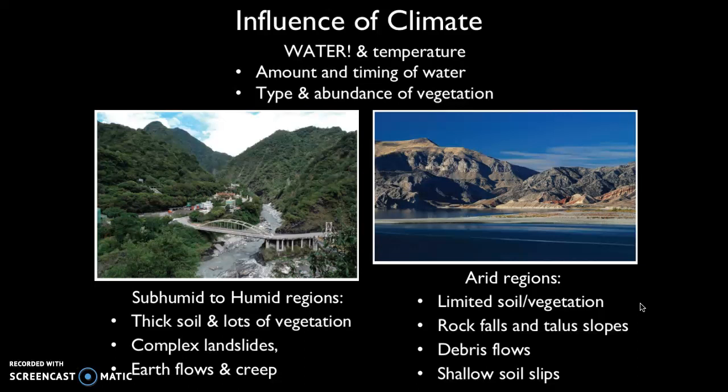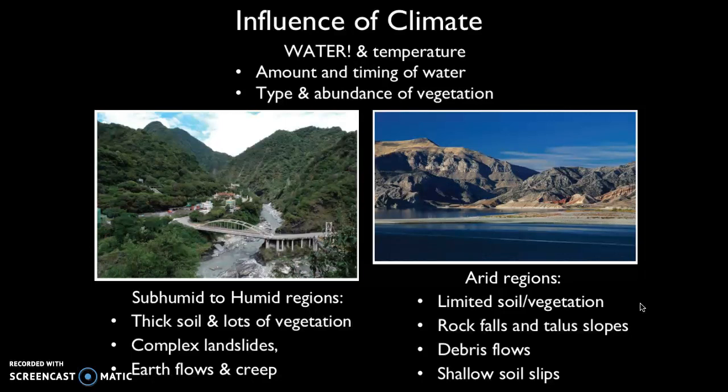But because of those two things, and because it's fairly low moisture, it's an arid region indeed, whenever you do have water, the most likely mass wasting events you're going to get are rock falls, again because of the frost wedge action, and talus slopes.